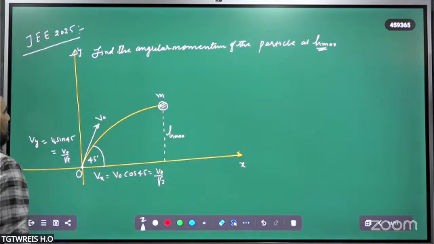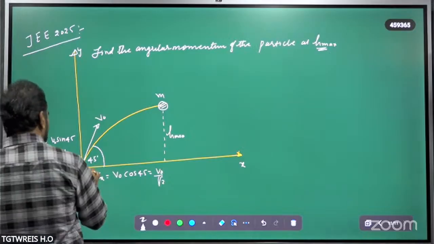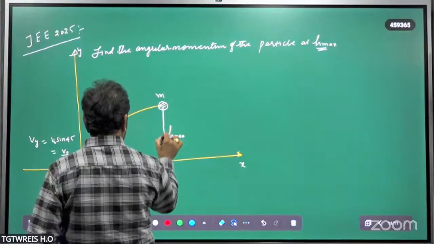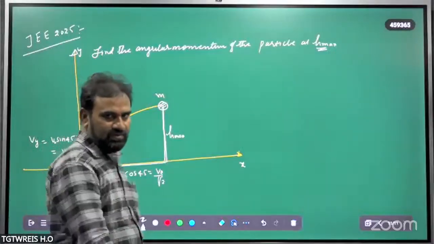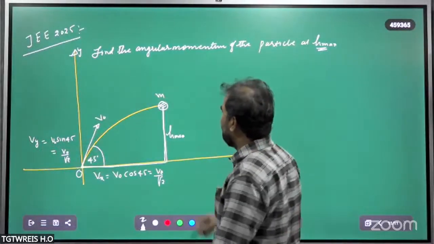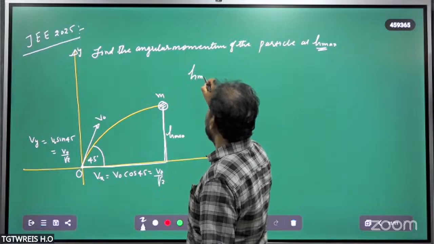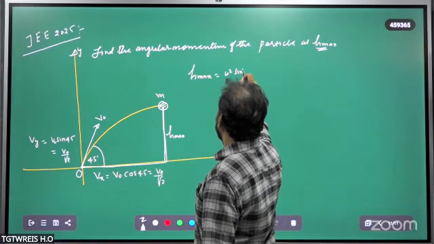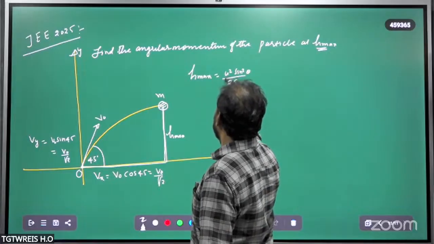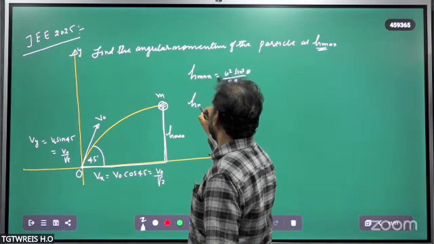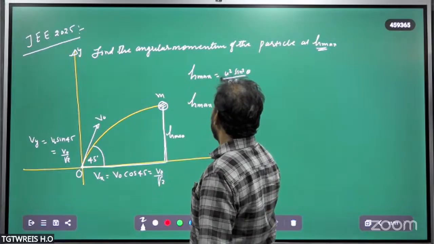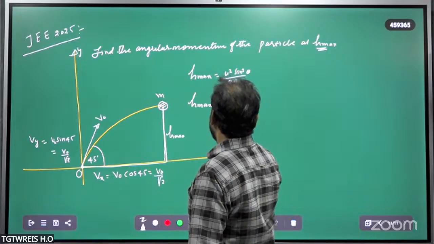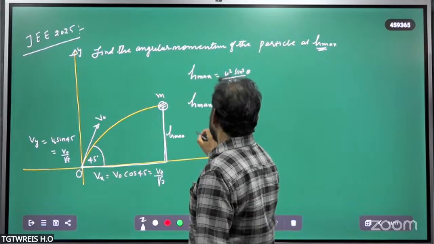About this point we have to calculate the angular momentum. The perpendicular distance of the particle is nothing but h max, which we should calculate now. H max is equal to u square sin square theta by 2g. So h max is v naught square sin square 45 upon 2g.